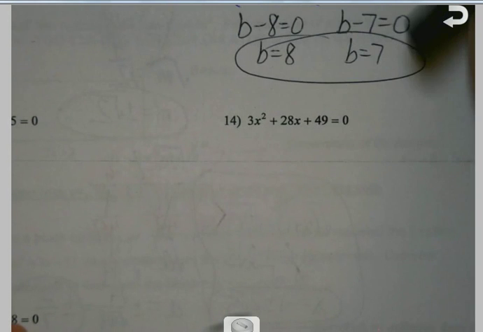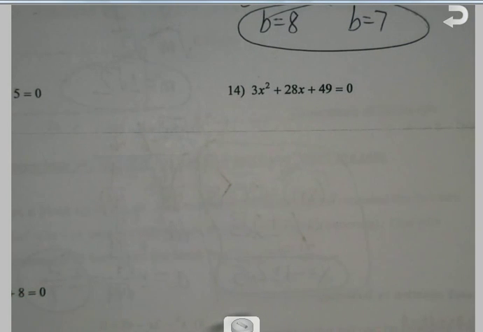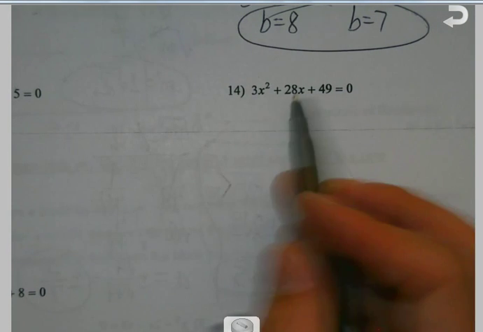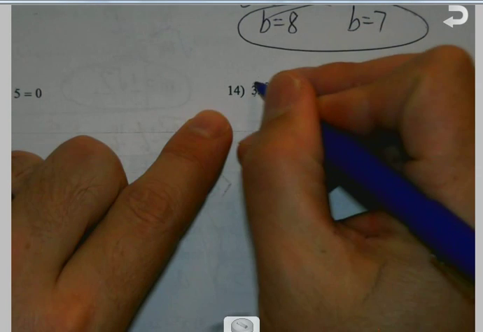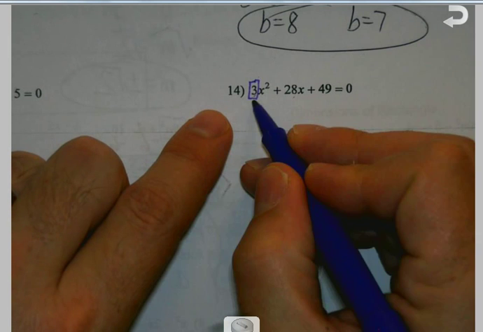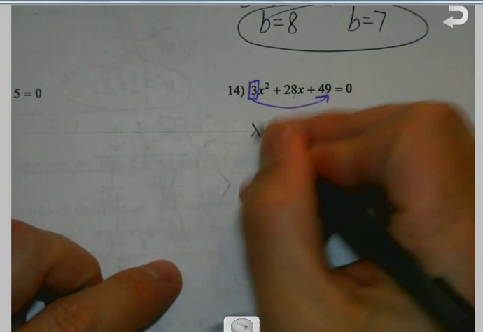On 14, do all those terms have anything in common where I could take something out? Kind of looking. I'm like, they're all divisible by 3? No. They're divisible by 7, but that's not, no, not really. Okay. Slide and divide. Now again, I got to remind myself what this is called. It's called slide, which we're going to do here right away.